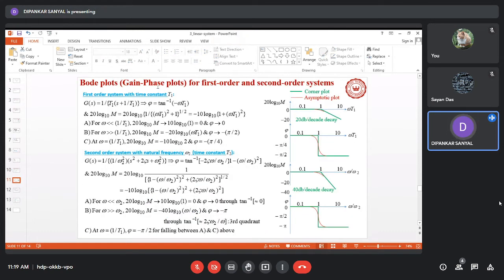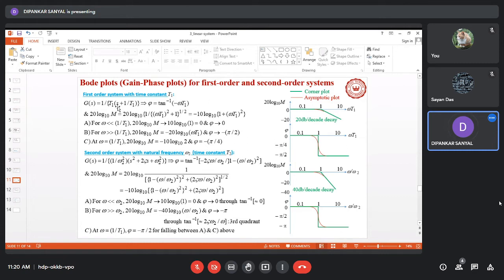Now we have just considered a simple system like this. If we see, this s will have a unit of 1 by second, so because of that we have written a first order plant in non-dimensional form. When the numerator is a constant, the denominator should also be a constant dimensionally.